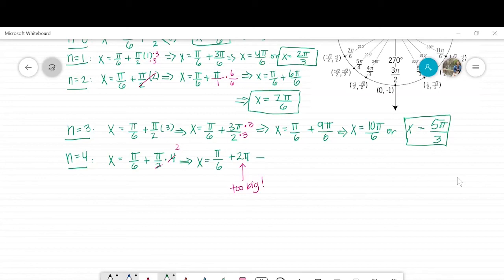So this gives us pi over 6. Let me write in my times 6 over 6. So we've got x is equal to pi over 6 plus 12 pi over 6, which means x is equal to 13 pi over 6, which is greater than 2 pi.